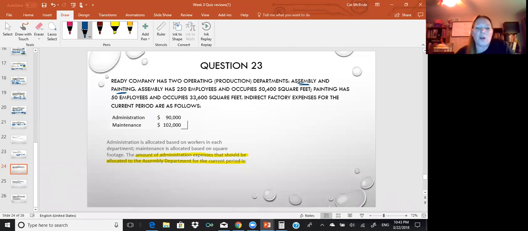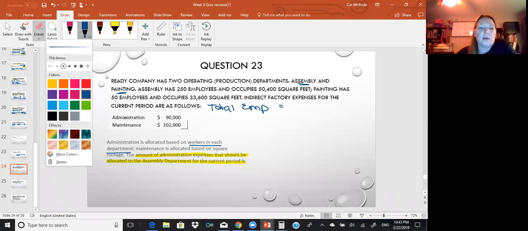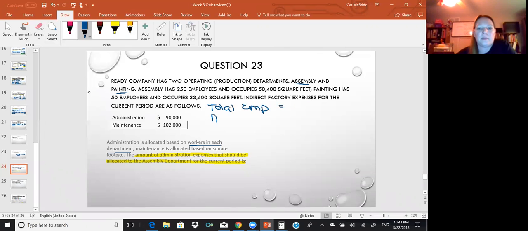Administration is allocated based on workers in each department. So we don't care about the square feet. Instead, what we care about is total employees. Assembly has 250. Painting has 50.